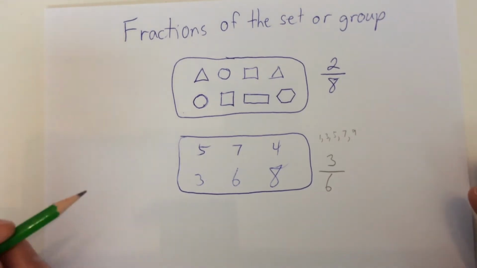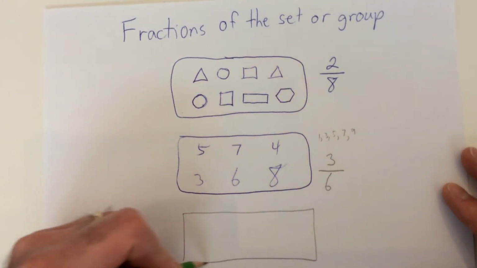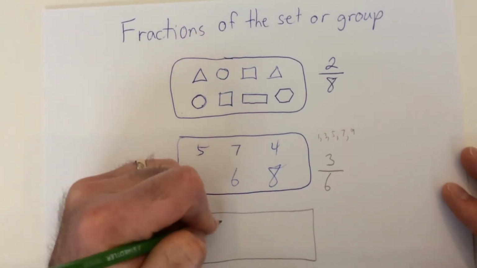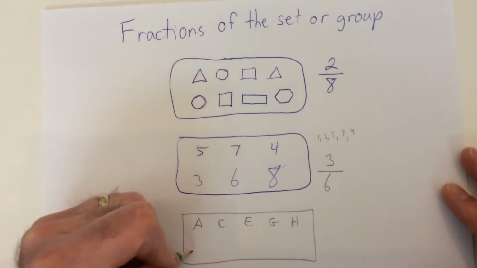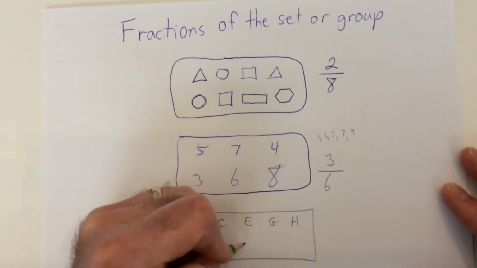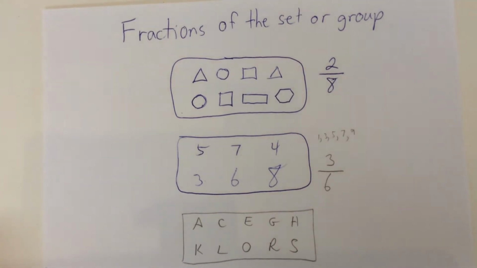Okay, I'll show you one other example on the paper, and then we'll do some others here. A, C, E, G, H, K, L, O, R, S. All right, I've got 10 letters there. Hey, they're not all equal. Well, in this case, they're all letters, so they are all equal in that form.